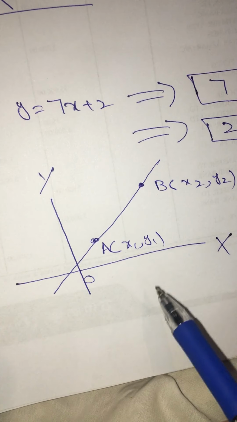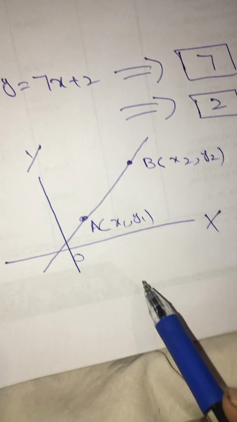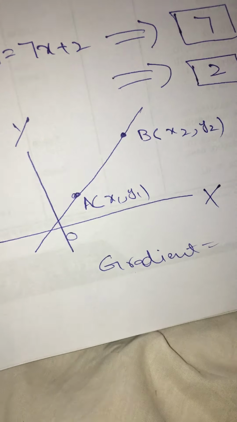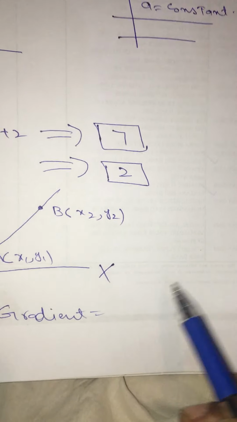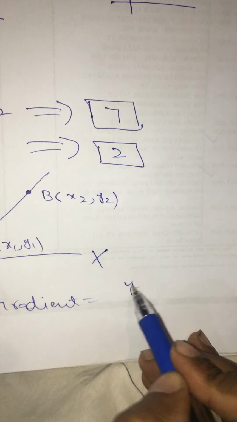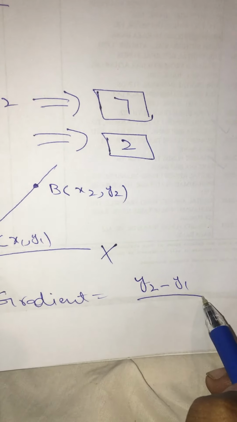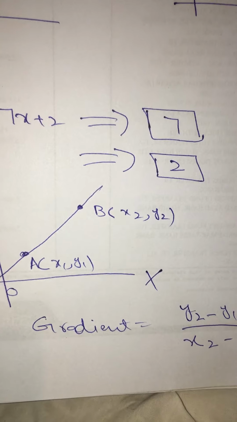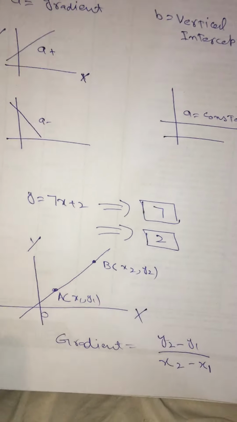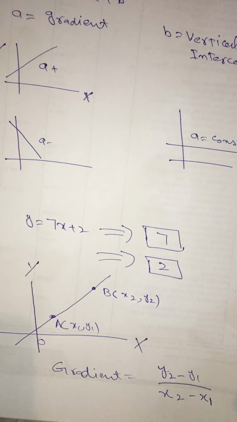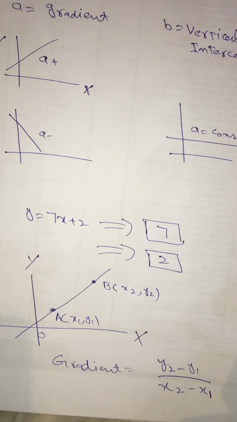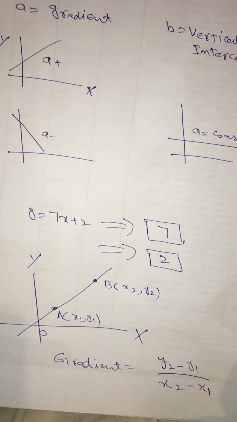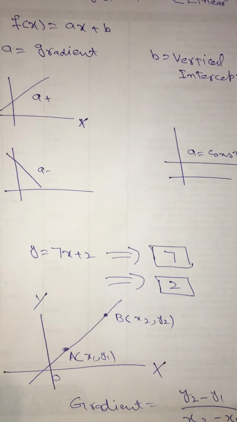So the gradient of a line passing through 2 points will be y2 minus y1 over x2 minus x1. If we want to find the gradient between 2 points, that will be simply y2 minus y1 over x2 minus x1. And let's have an example.